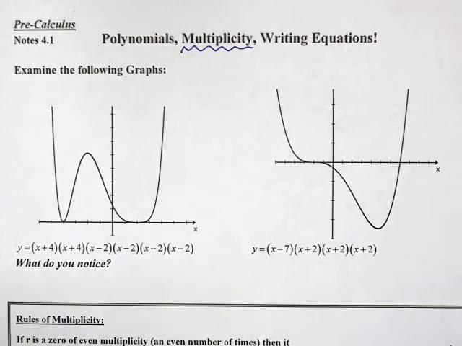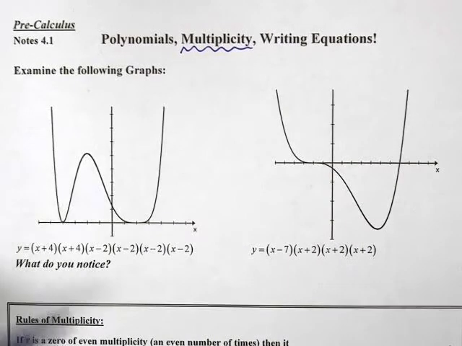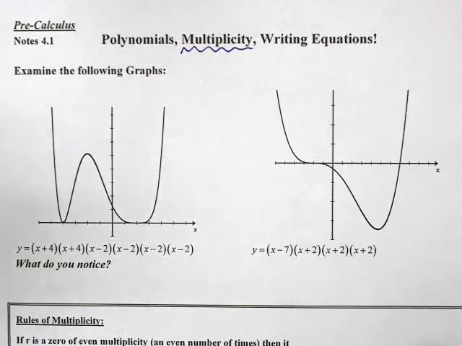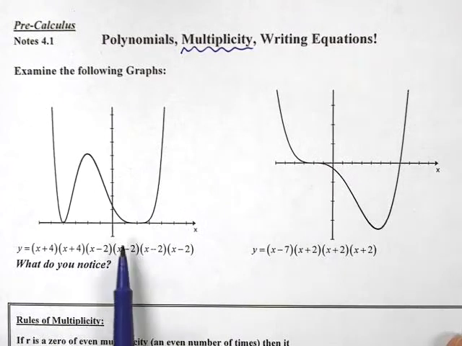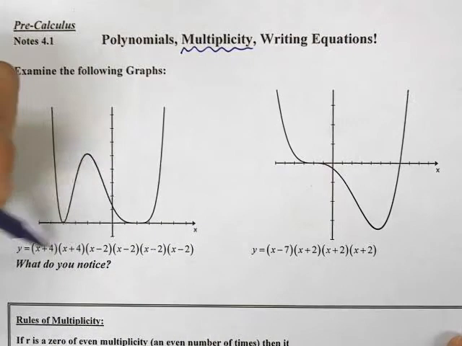Okay, this idea of multiplicity, what that means is that we have zeros or solutions or factors that occur more than once. So for example, if I look at this equation right here, y equals (x plus 4)(x plus 4)(x minus 2)(x minus 2)(x minus 2)(x minus 2), this is multiplicity.